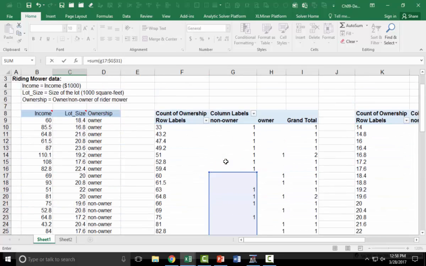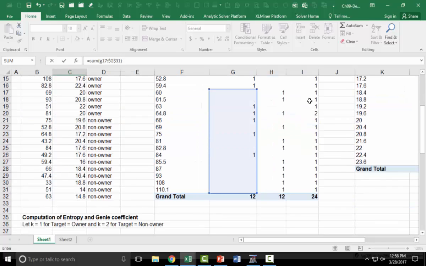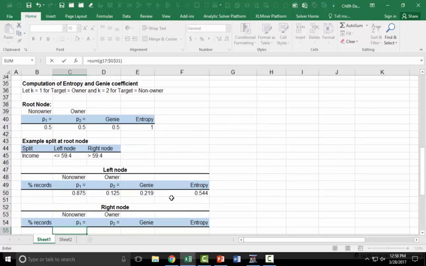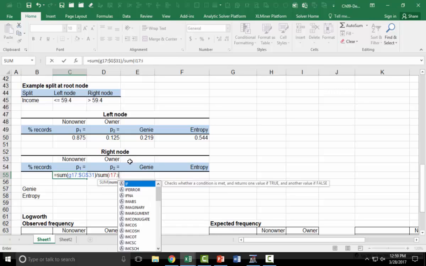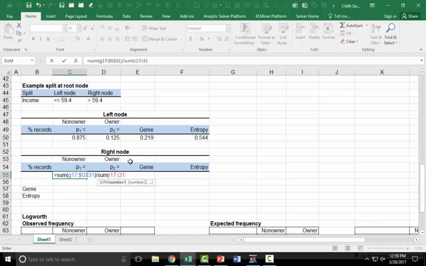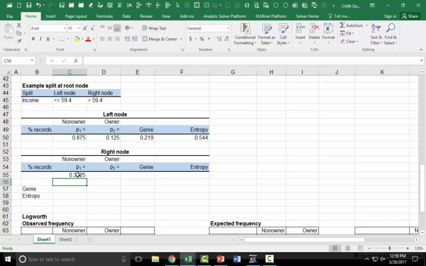So that's the number of non-owners, and the number of records is the sum here. So that would be divided by the sum of I17 through I31, and we make I31 an absolute reference.